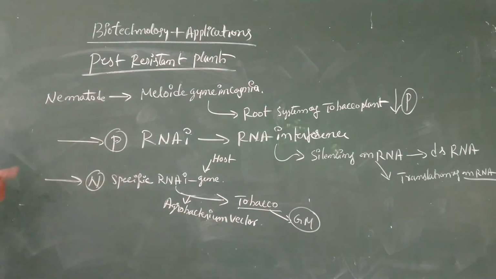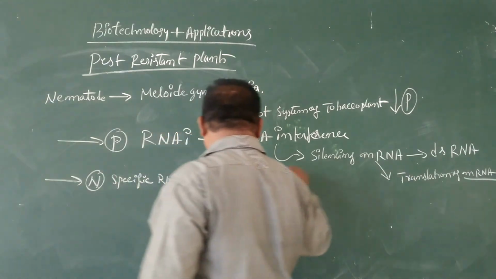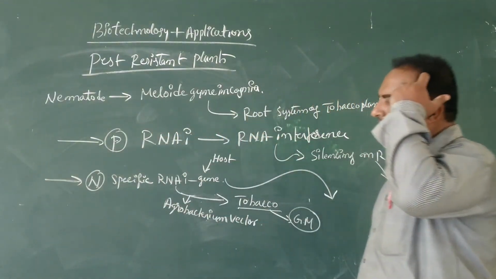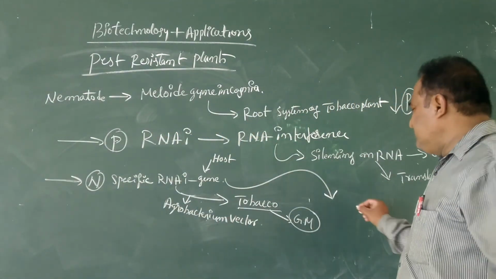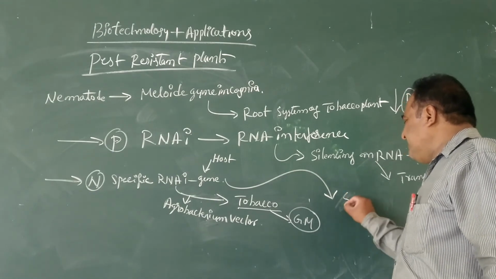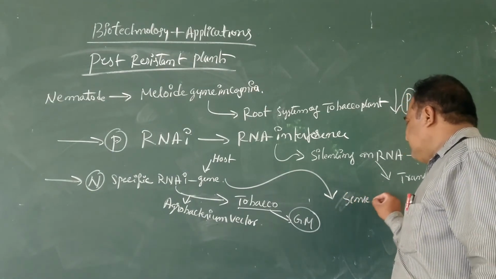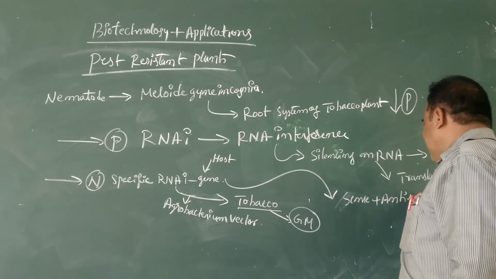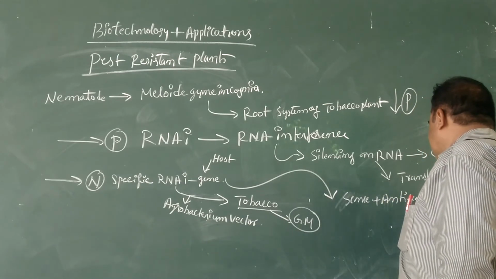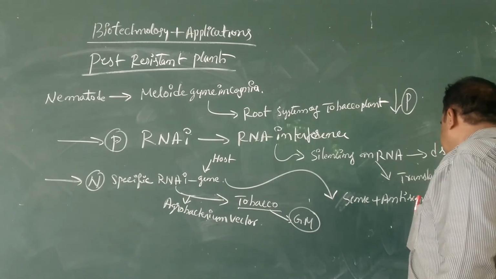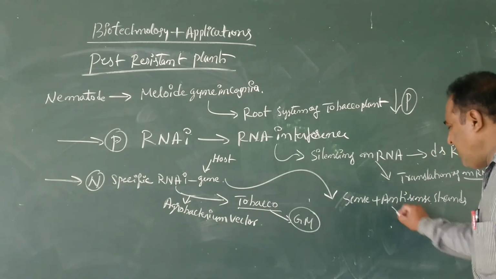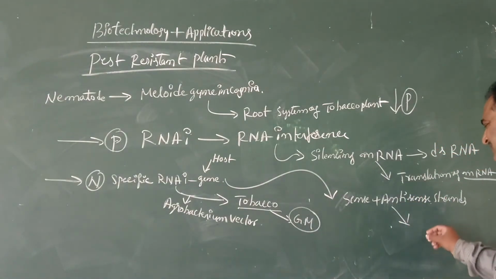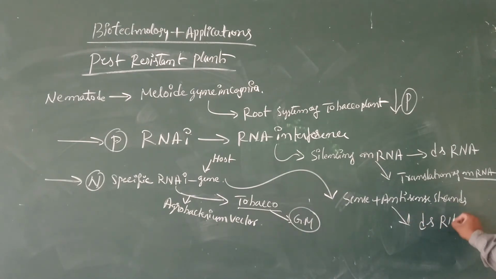In this tobacco plant, RNAi produces sense and antisense strands and silences the mRNA by forming dsRNA.